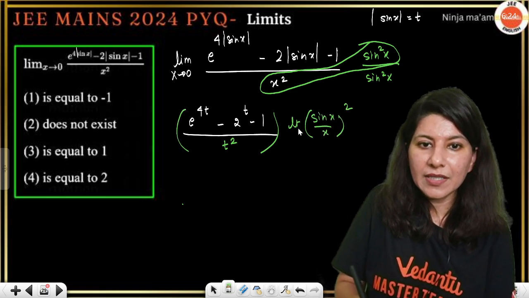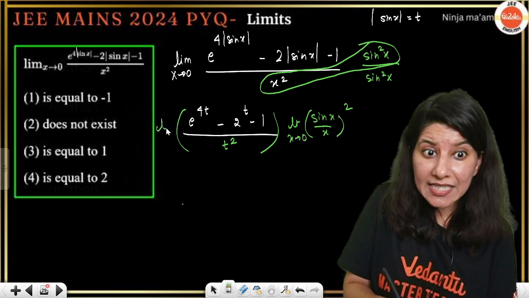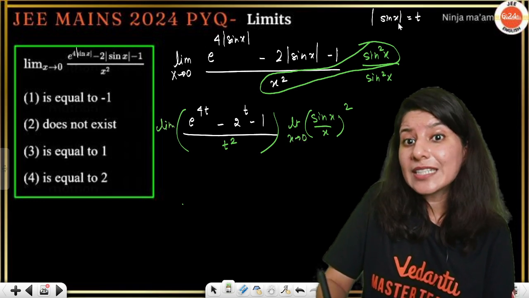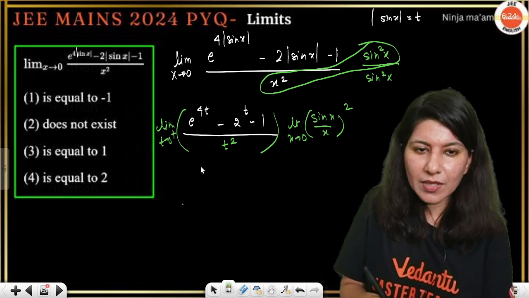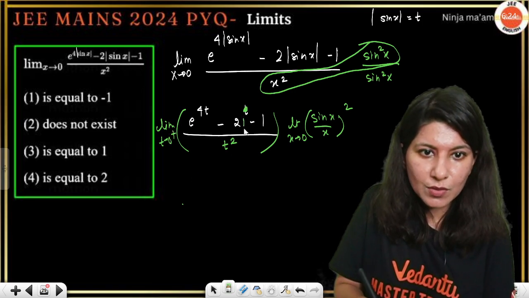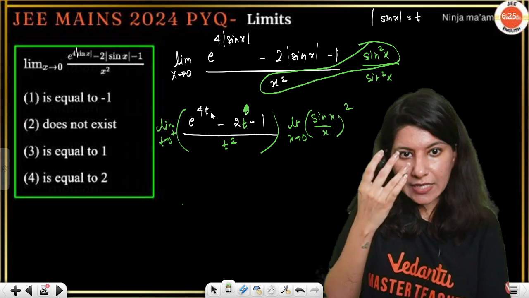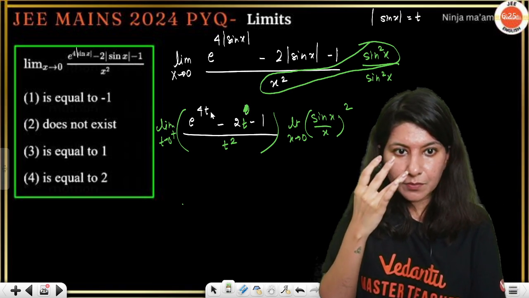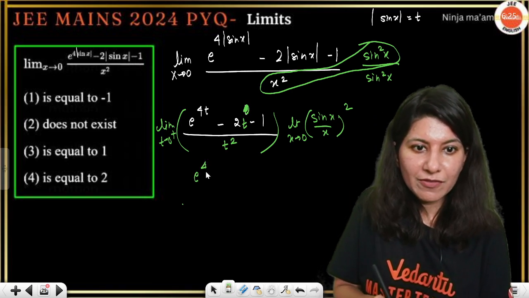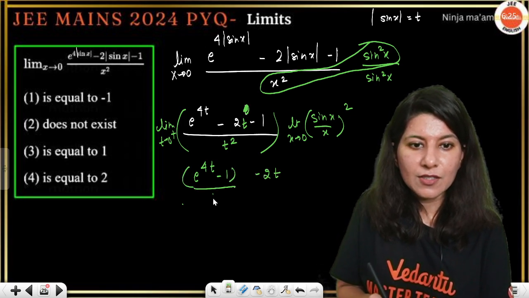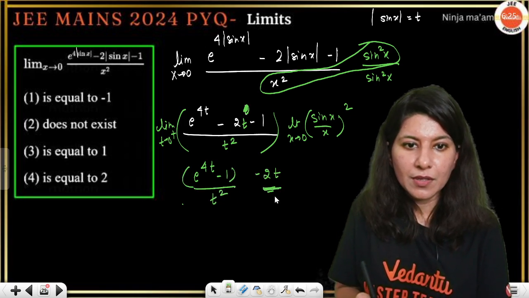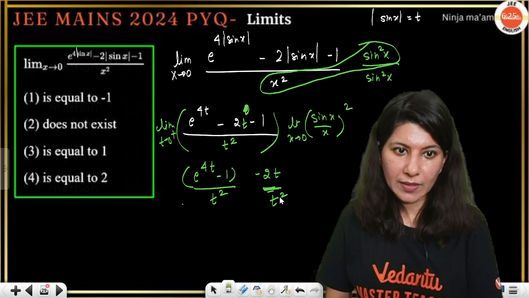Right? So this is limit x tends to 0 and this is limit c. Now t is mod sine x, so t tends to 0 plus. Now this, if you separate it out, this is minus 2t, e raised to power 4t. Okay, so e raised to power 4t minus 1 minus 2t, this is t square, this is also t square.